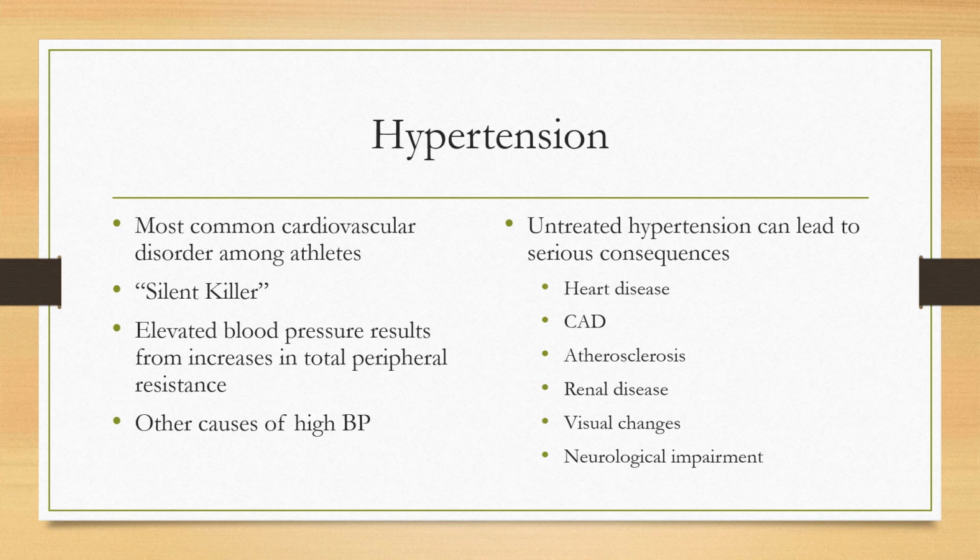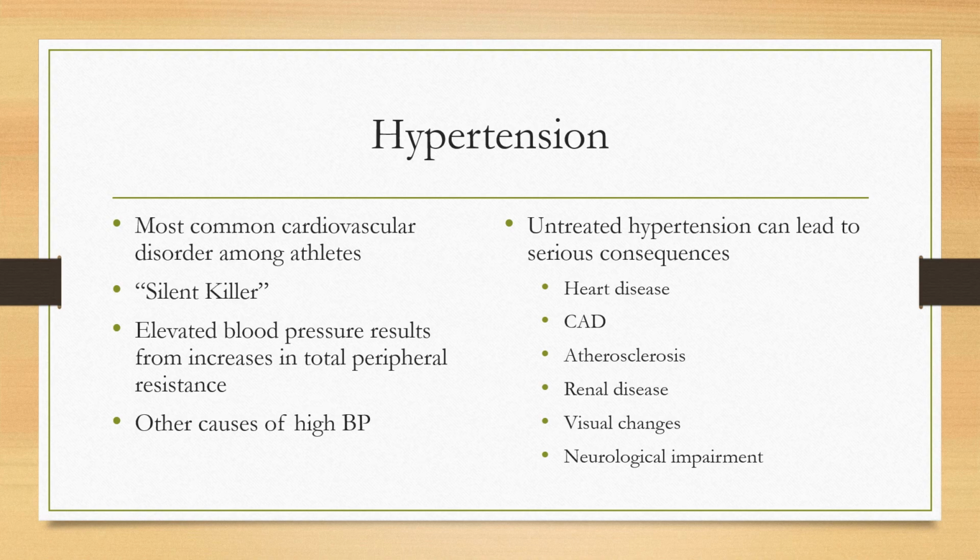So if we think about hypertension, we just spent a long time talking about sudden cardiac death, but let's bring it back into perspective. Sudden cardiac death is really rare. If you want to actually do some benefit for your athletes, find their hypertension, okay? So it's the most common cardiovascular disorder among athletes and people.